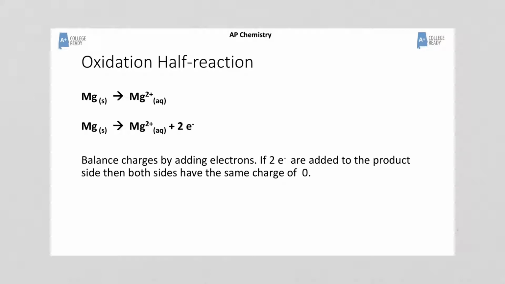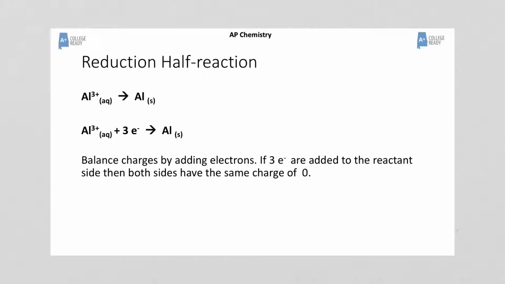So once you balance the magnesium half reaction, and think about that is oxidation, make sure you understand why you're going from 0 to plus 2. Increase in oxidation number means electrons have been lost. In this case, it would take 2 electrons to be lost. For reduction, we have aluminum going from 3 plus down to 0, so the number is getting smaller, and that would be a gain of 3 electrons.